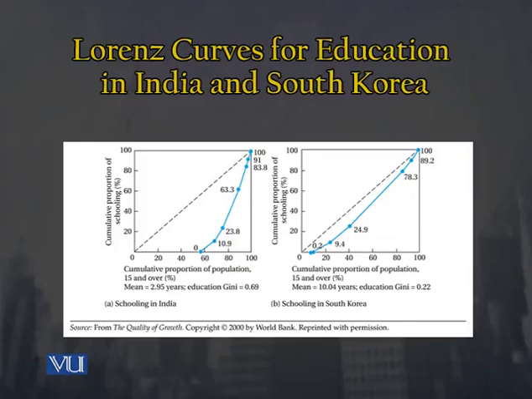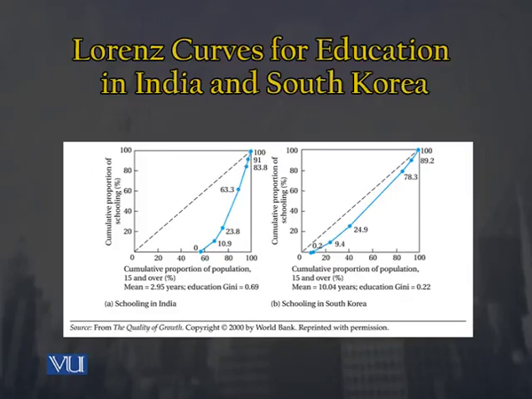The Lorenz curve starts off from almost the value of 9% onwards, and if you look at the gap between the line of equality and the Lorenz curve for South Korea, that is also relatively smaller as compared to the gap between the Lorenz curve and the line of equality plotted for India.